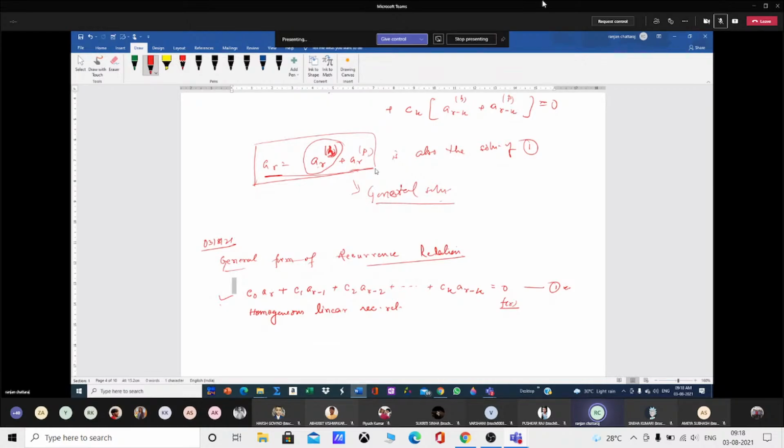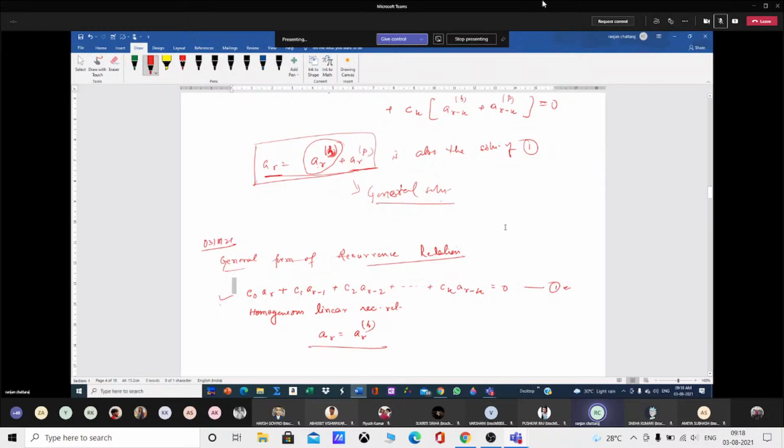So this part becomes 0, and the solution is a_r equals a_r^h only.